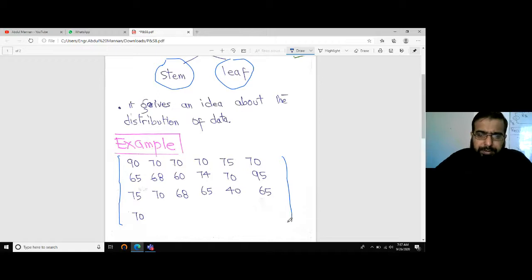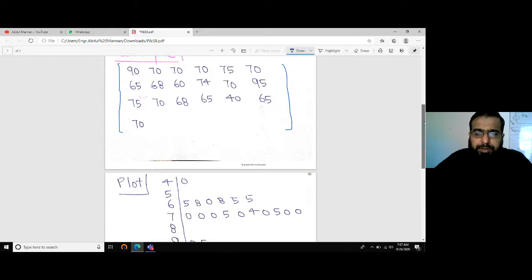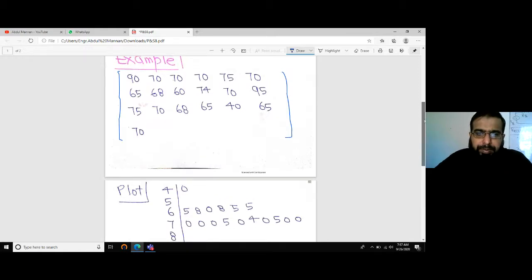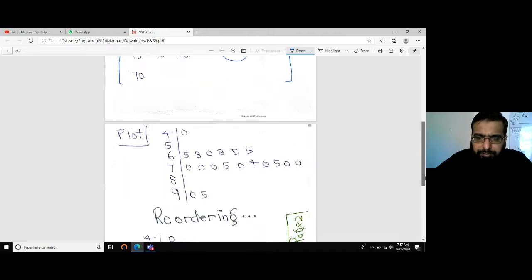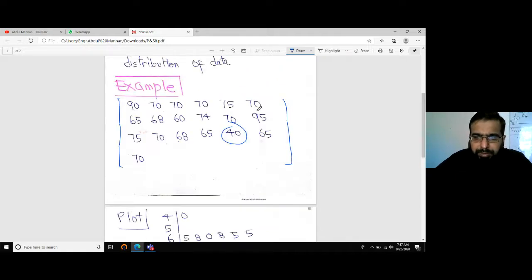containing some numbers, and we are going to plot a stem and leaf plot for this data. We see the range: 40 is the minimum number here, and the maximum is 95. So we have numbers between 40 and 95, and the numbers are whole numbers.